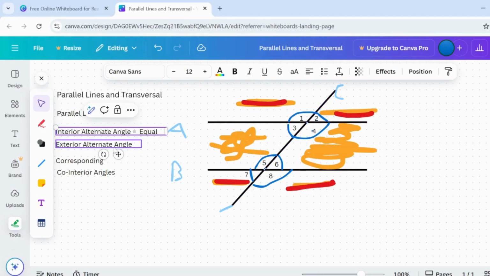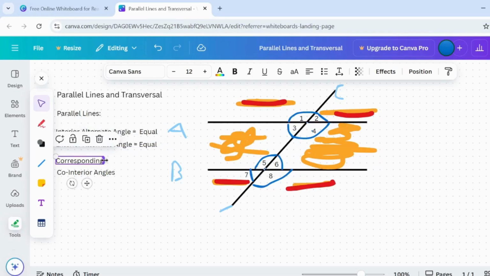In that way they're equal. Same over here, exterior alternate angles are also equal. So angle 1 and angle 8: let's say angle 1 has a value of 120 degrees. Angle 8 will also have a value of 120 degrees. Like this, exterior alternate angles are also equal.